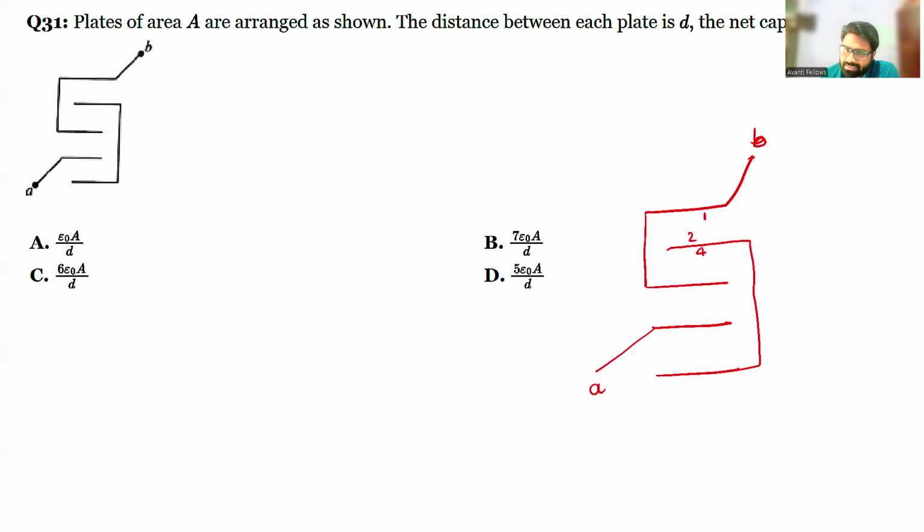The other side of this plate will also have a number. So 1 is for the inner, 2 is for the outer of this, 4 is the inner for this. Okay. 5 in front of 4, 6, 7, 8, 9. So total 9 numbers we have done. Now what do you have to do? I have missed one number here.